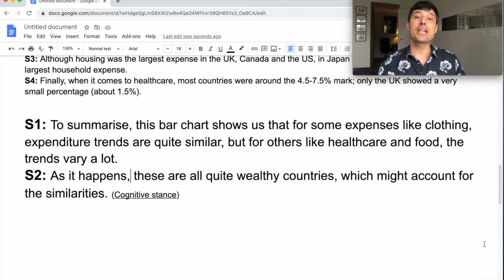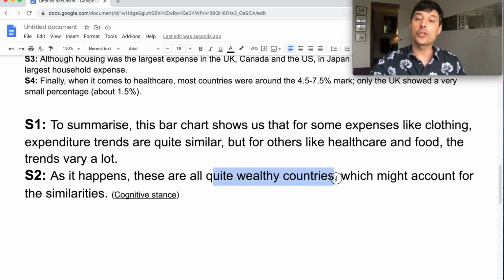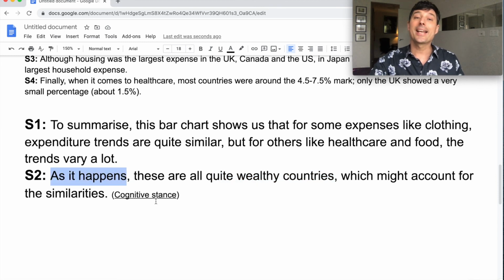So this information is not in the chart about wealthy countries. This is from my own knowledge. I don't recommend doing this a lot in the task 1, but I think once should be okay. So it's got that nice cognitive stance connector at the beginning to show the reader that this is my attitude. This is coming from my own knowledge.